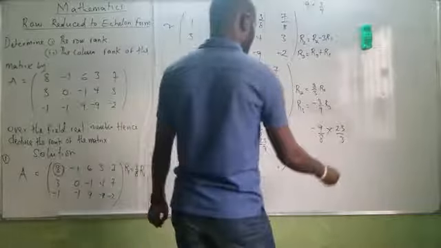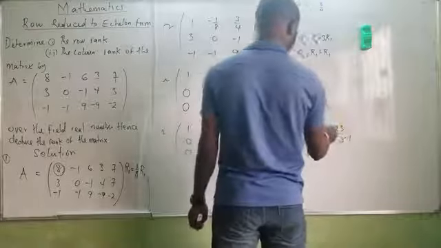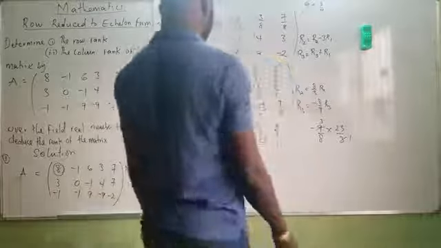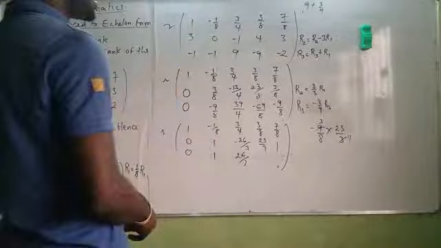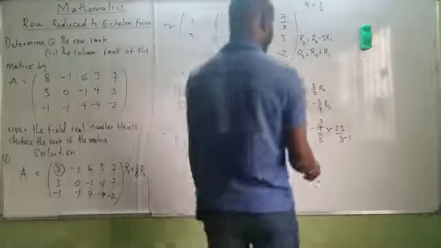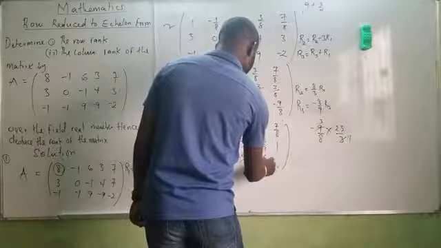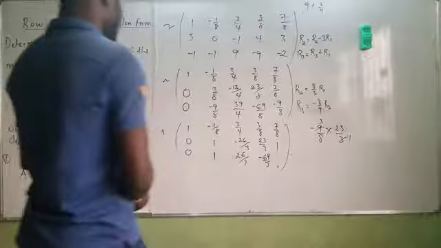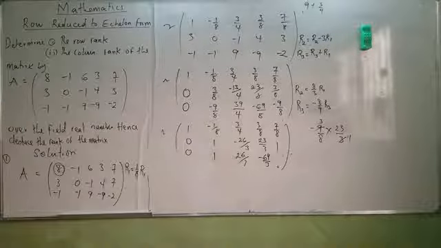Okay. Now 3 here 1, 3 here 3. 3 multiplied by the other one, which is 3 times 69. I'll be having 69 divided by 3, which will be 23.